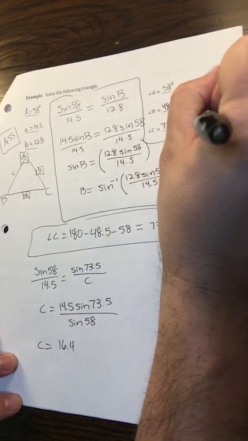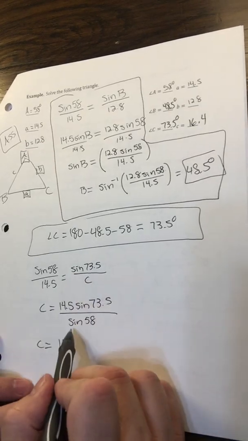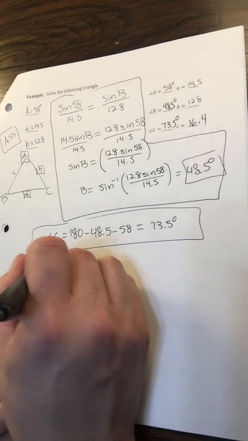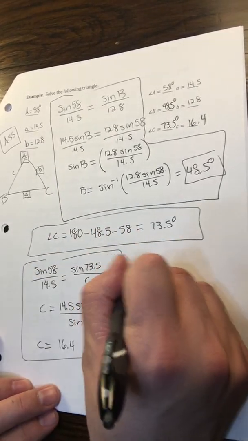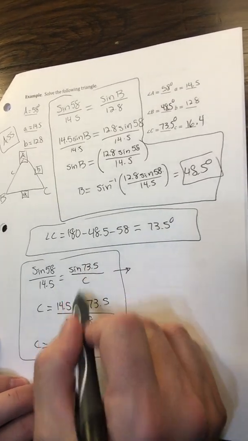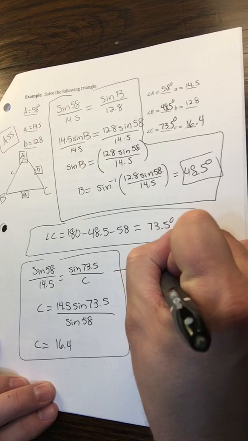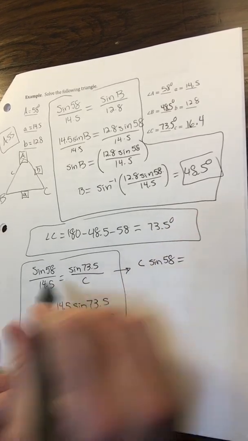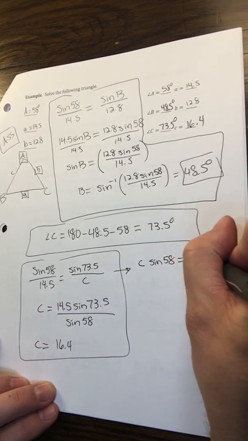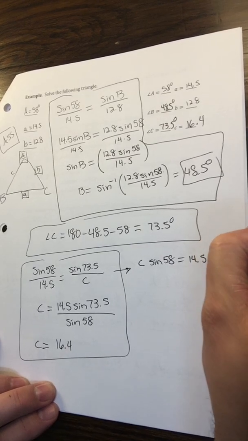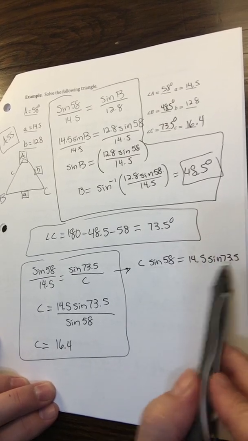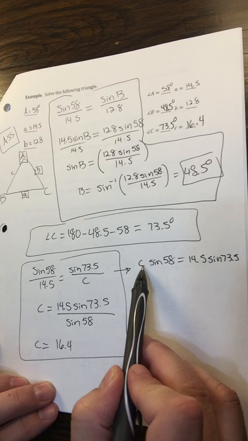So there you go. Now, if you guys don't like this, let me show it to you one more time. This is my work, but I'm just going to show you the cross multiplying just in case I'm skipping this step and it's bothering you. I would get c times the sine of 58, and it would equal 14.5 times the sine of 73.5. And every time I do this, I'm going to want to get that c by itself, right?